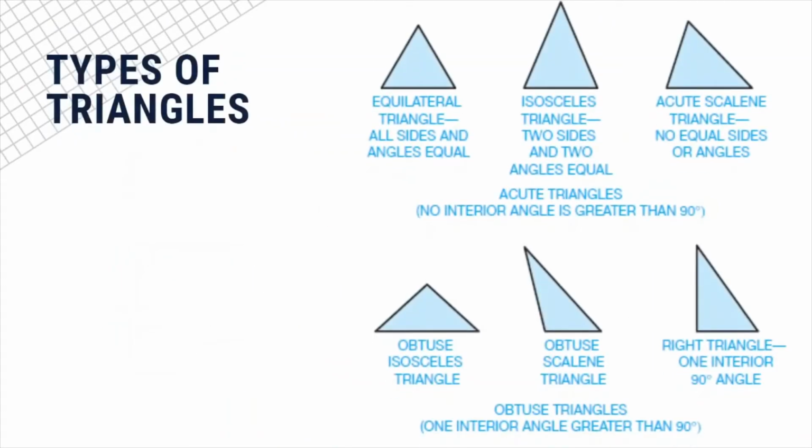Okay, so of course there are many types of triangles. So first, ang equilateral triangle, which all the sides are equal. An isosceles triangle, so two sides and two angles are equal. So ang isosceles kay two sides. So if this side and this side are equal, of course this angle right here is the same as this angle right here, ang opposite nga angle niya.